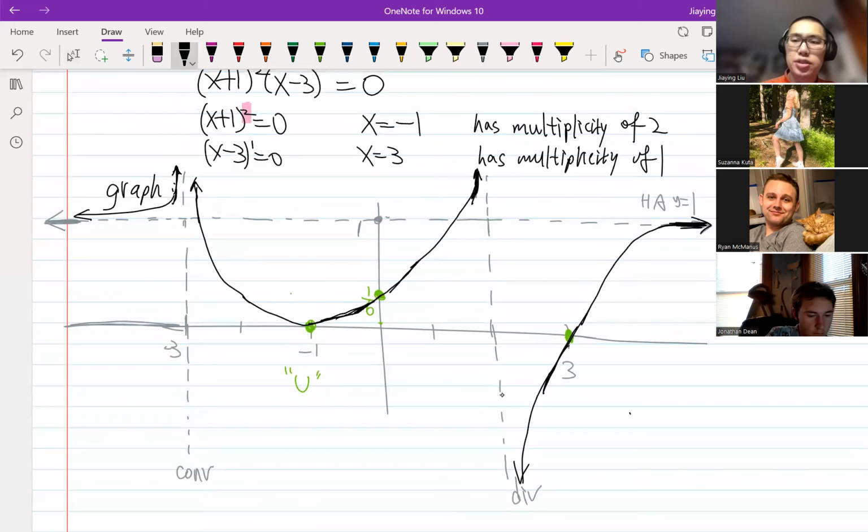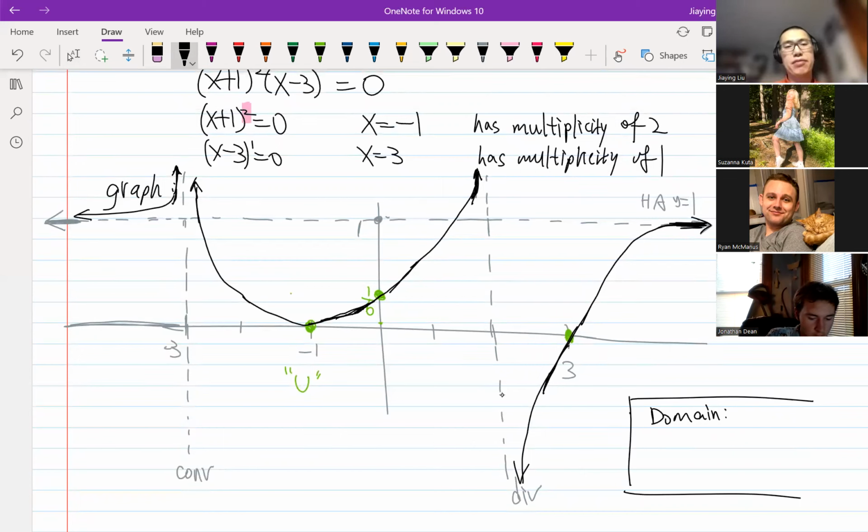So let's see, a side note, we can find the domain of this function. And as you can see, the domain is really affected by the vertical asymptote, right? It divides the graph into multiple pieces. So even if we didn't have the graph, if we have the vertical asymptote and the removable discontinuity, we should be able to write down the domain, which is going from -infinity to -3, but not including -3 because it's a vertical asymptote.